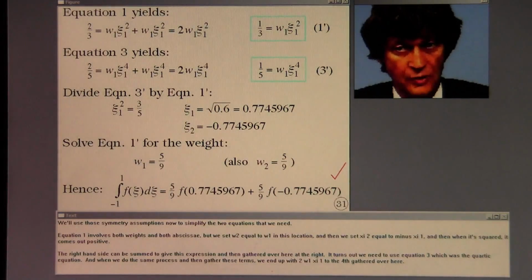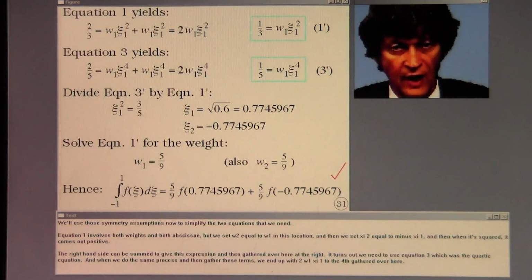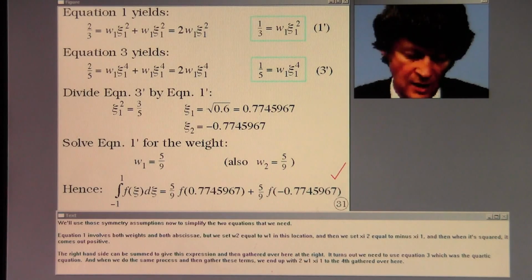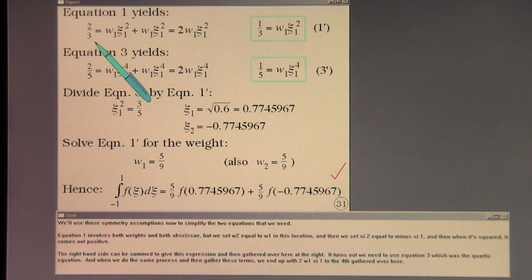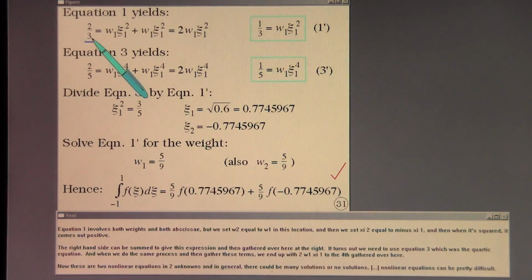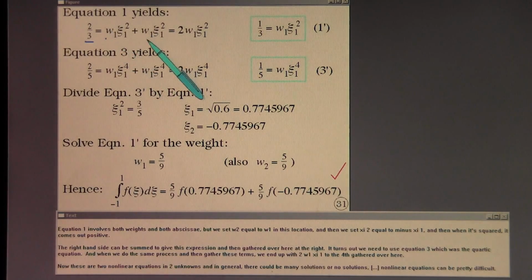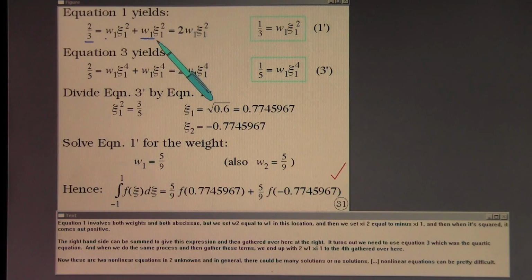We'll use those symmetry assumptions now to simplify the 2 equations that we need. Equation 1 involves both weights and both abscissa, but we set W2 equal to W1 in this location, and then we set C2 equal to minus C1, and then when it's squared, it comes out positive.